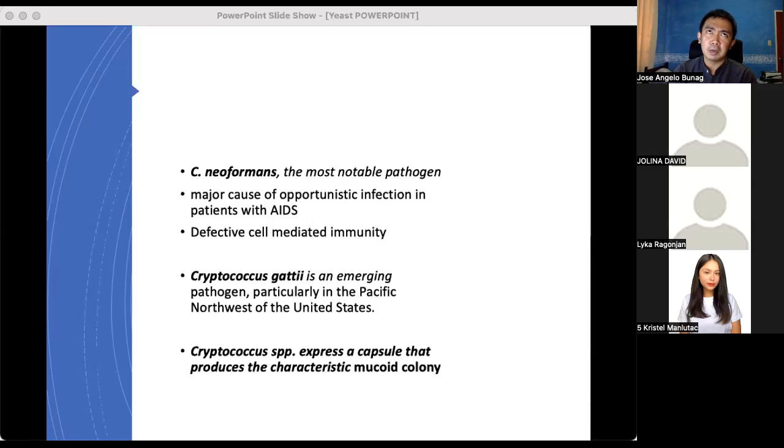We do have a certain number of reported cases of this emerging pathogen, Cryptococcus gattii.